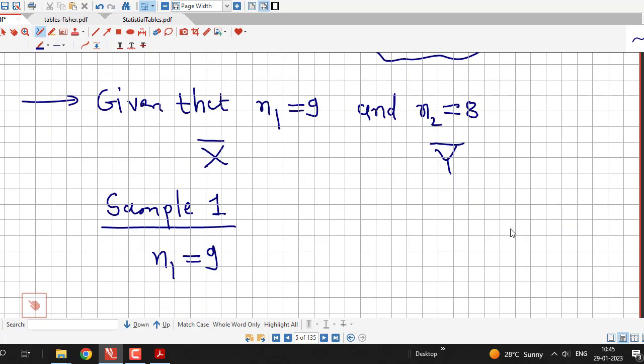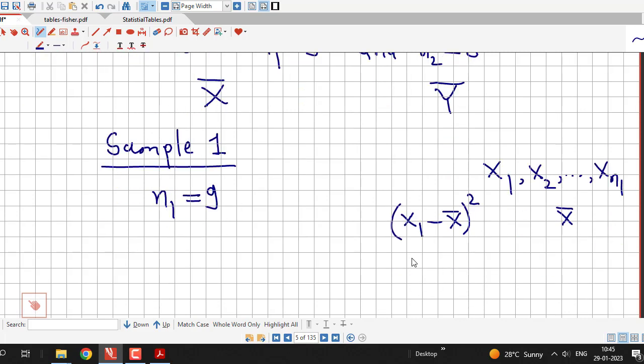So if we have this type of observations in the first sample, say x1, x2, up to xn1, and suppose x bar is the sample mean, then we are given the square of deviations. If we take x1 minus x bar, then this is called deviation of x1 from mean x bar, and we have to take square. So this is the square of deviation for observation x1.